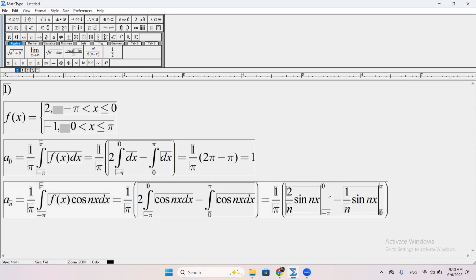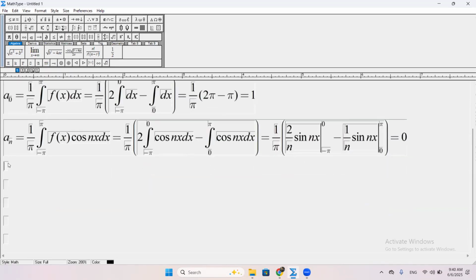And as we can see, if we substitute 0 or p, sine of 0 and sine of pn equal 0. So all an coefficients will be equal to 0.